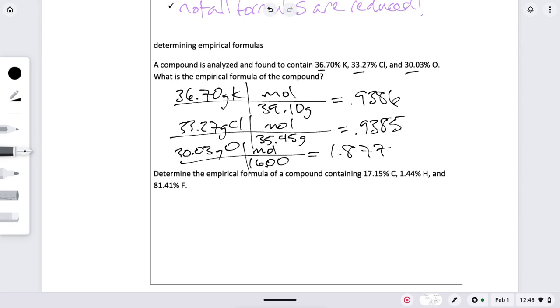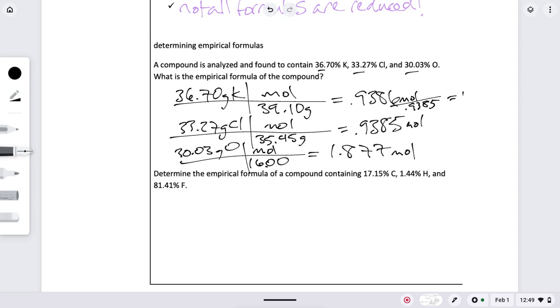And my next step is just to do a ratio of all these mole amounts that I came up with. So these all could have a label. So when I said mole ratio before, that's where that comes from. So I'm going to divide by the smallest in all cases. So this first one, I'm going to divide by 0.9385. And I'm going to get something that's really close to 1, like 1.0001.